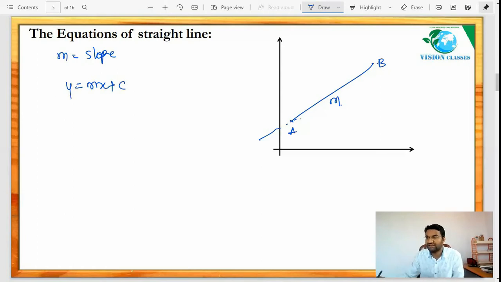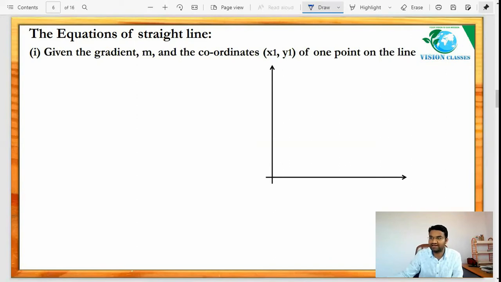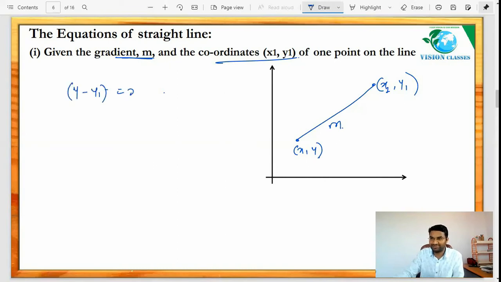Now there are different forms of the equation of a straight line. If you have the gradient as well as the coordinate x1 comma y1 of one point on a line, then y minus y1 is equal to m times (x minus x1) is the equation of a straight line having a gradient and one coordinate.